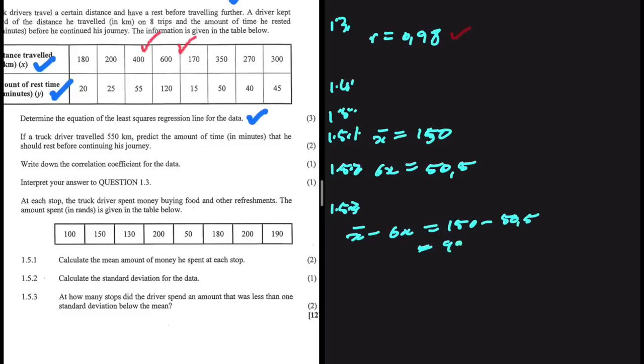I get 99.5. Anything less than 99.5, I think it is only 50, which is 1 standard deviation below the mean. So at how many stops? At 1 stop, at only 1 stop. Okay, that's where the amount spent was 1 standard deviation below the mean.